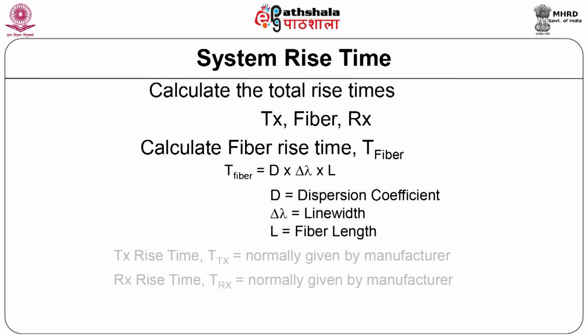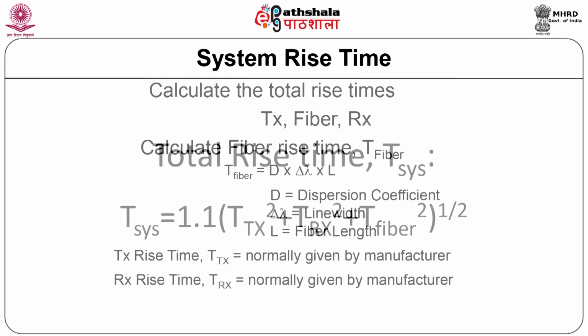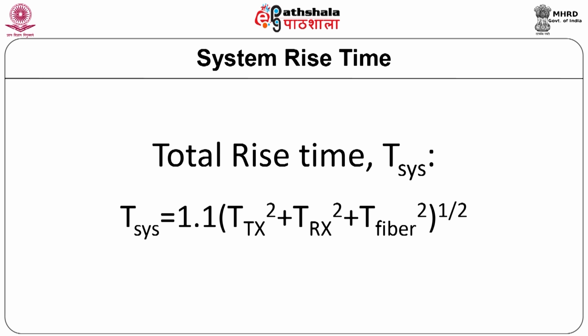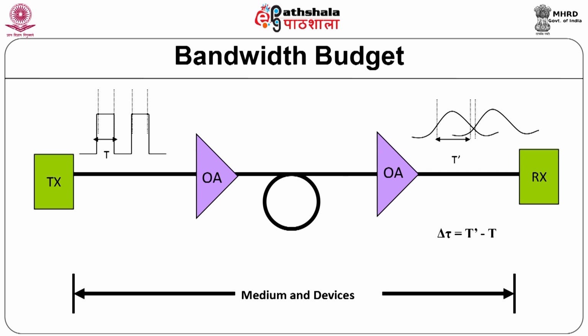Tx rise time, that is Ttx, is generally given by the manufacturer, and the receiver rise time is also normally given by the manufacturer. Total rise time T system is equal to 1.1 into bracket Ttx square plus Trx square plus T fiber square raised to half.